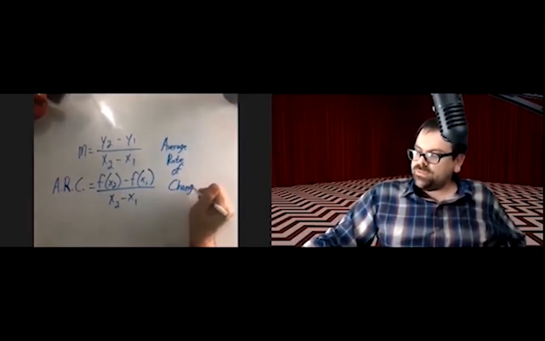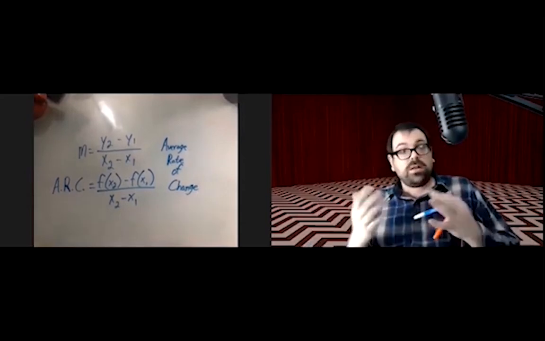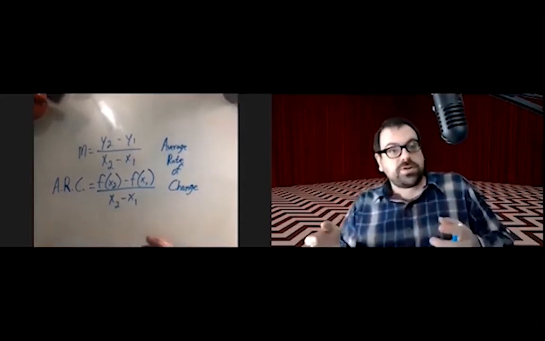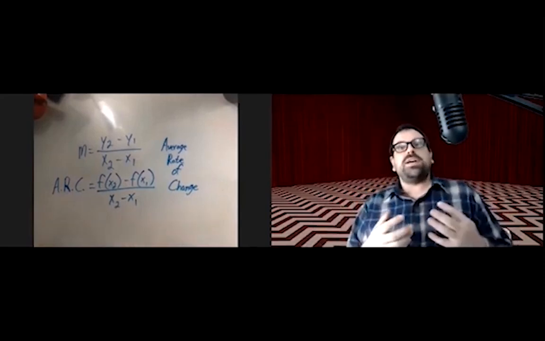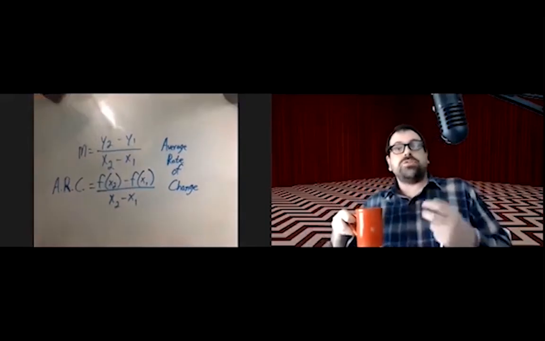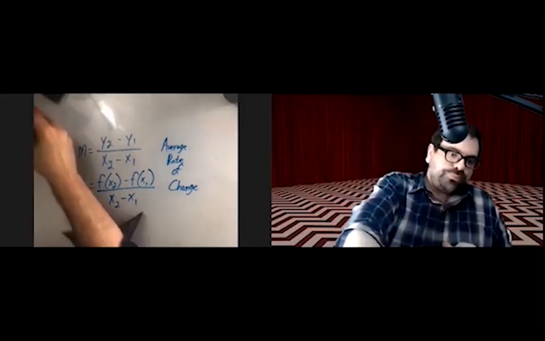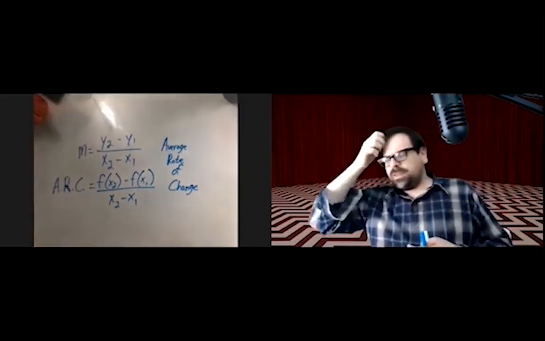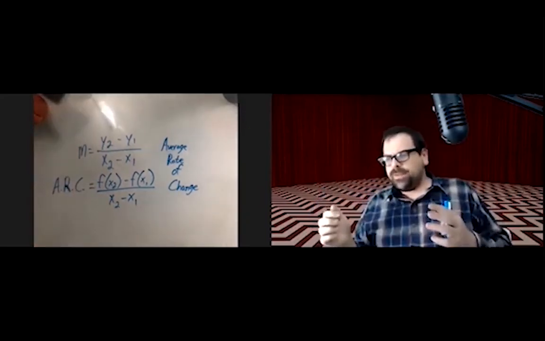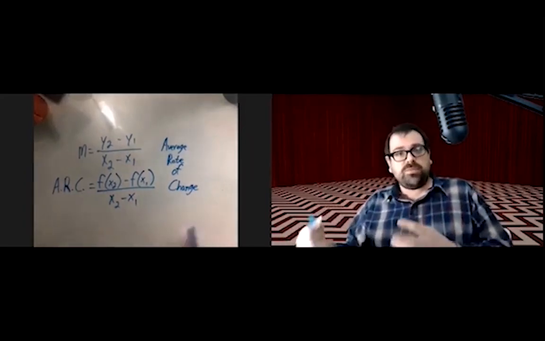So what is this? What does it mean? What do we do with it? Well, we just talked about piecewise functions, and when we were doing the piecewise functions, we graphed two linear functions, two lines. Now, lines have slope, and we used the slope of those lines.